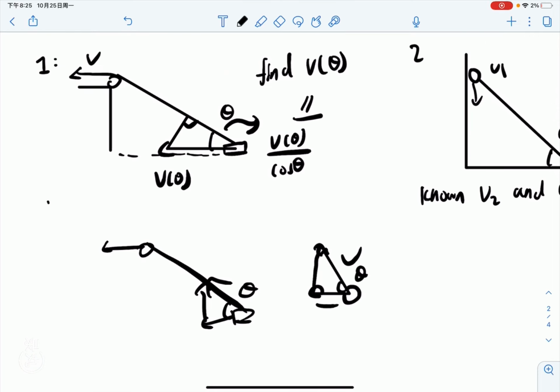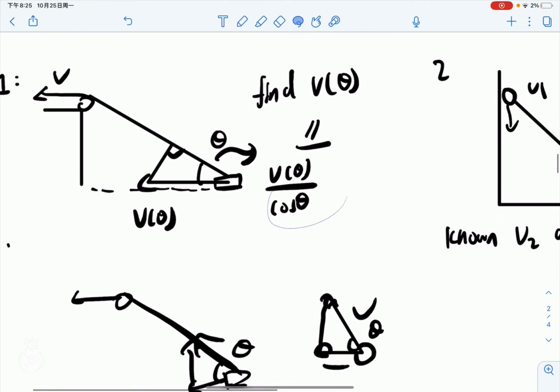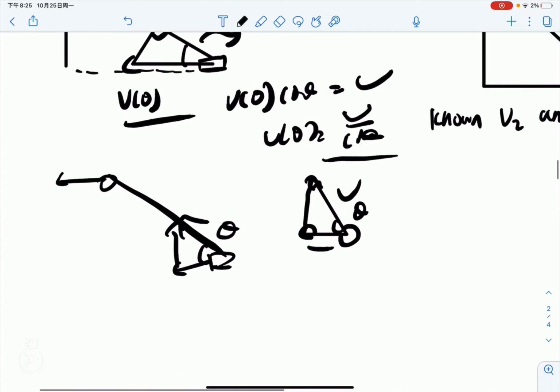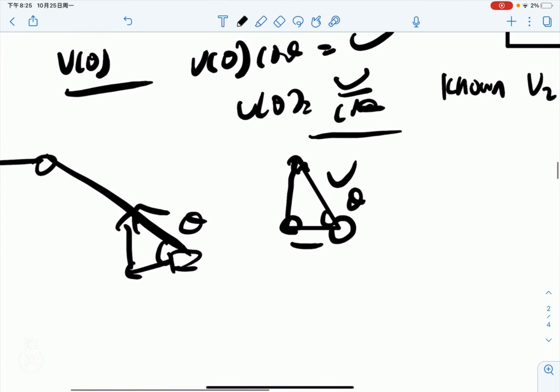Oh my god. V cosine is v, and v, this is going to be this. And in this case, we assume that the real velocity is going to be a cosine, which is wrong. We can't do this because there's no constraint.